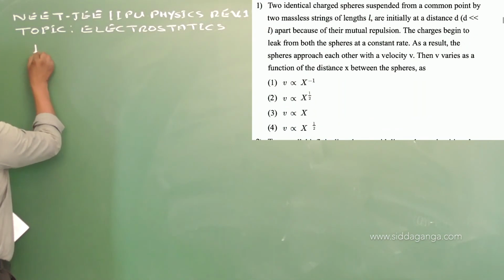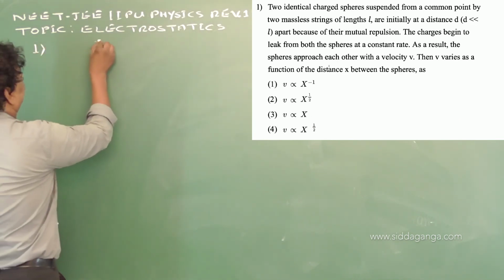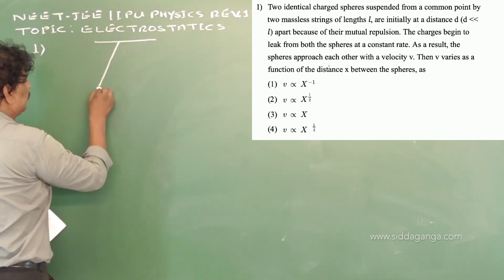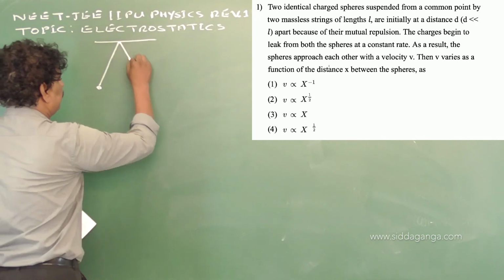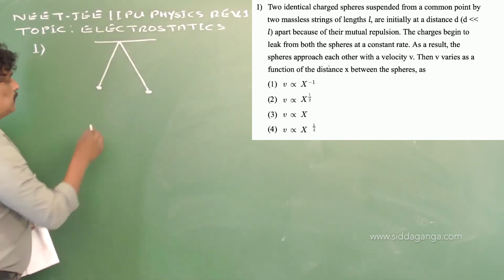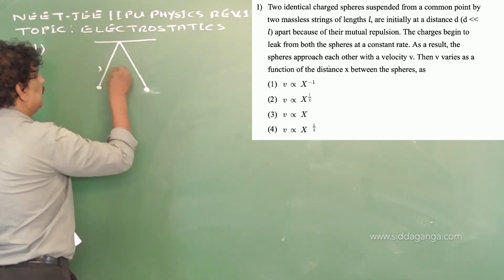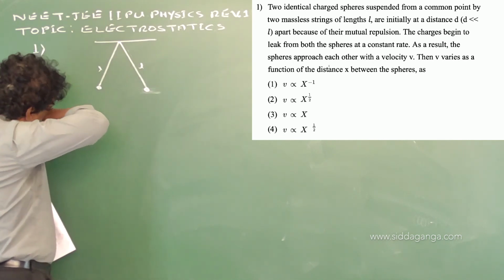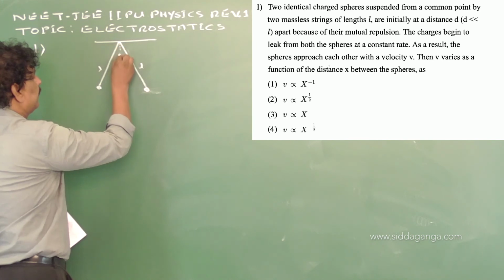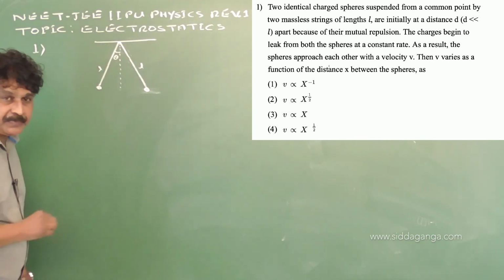Now, here we have two spheres suspended by means of strings, each having length L. Initially they are separated by a certain distance. Let this angle be theta.